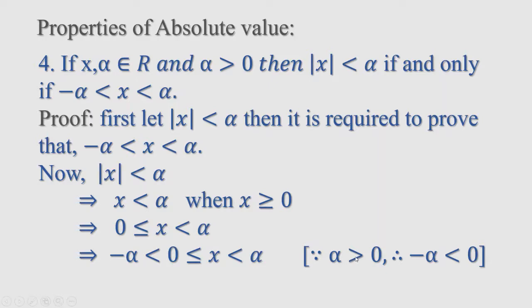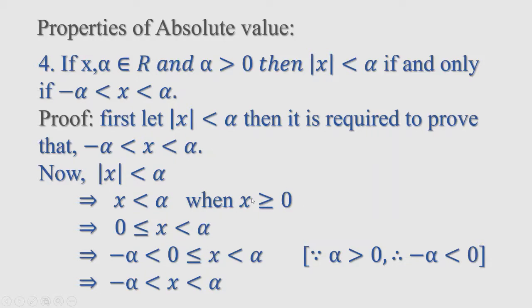Here alpha is greater than 0, so multiplying both sides by -1, we get minus alpha less than 0. So minus alpha less than 0 less than or equal to x less than alpha, which implies minus alpha less than x less than alpha. So if modulus of x is less than alpha, then we get minus alpha less than x less than alpha when x is non-negative.